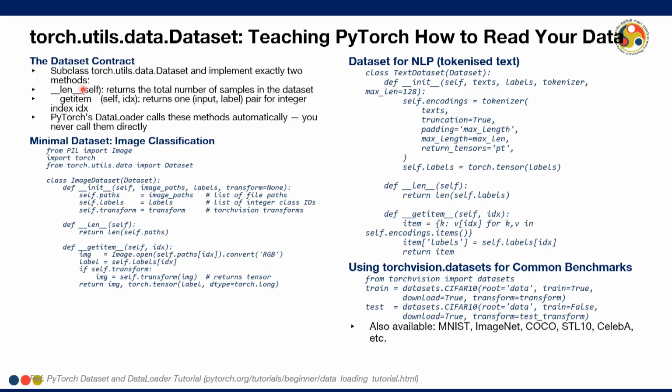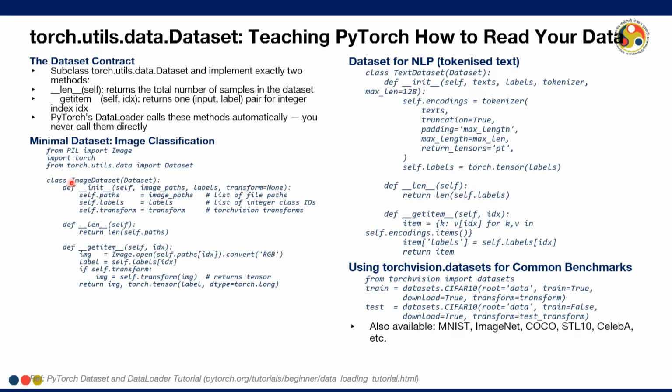If we are making a custom data set, we need to prepare these 2 functions, and the data loader will automatically call them. Now we are going to see what exactly these 2 functions are doing.